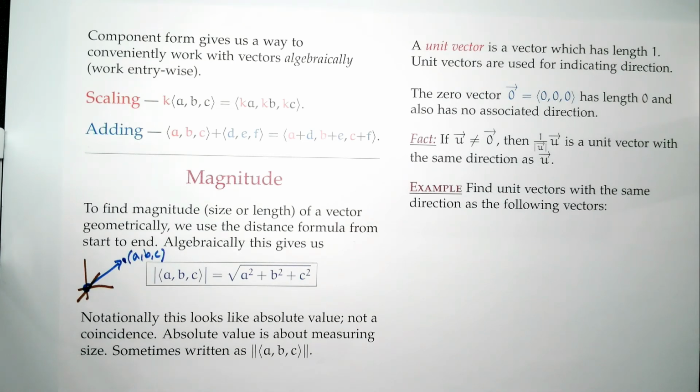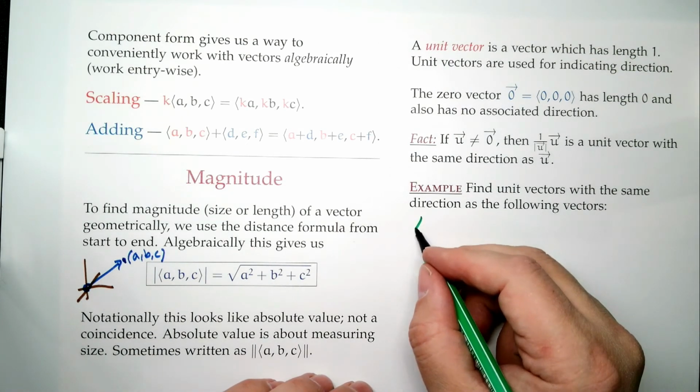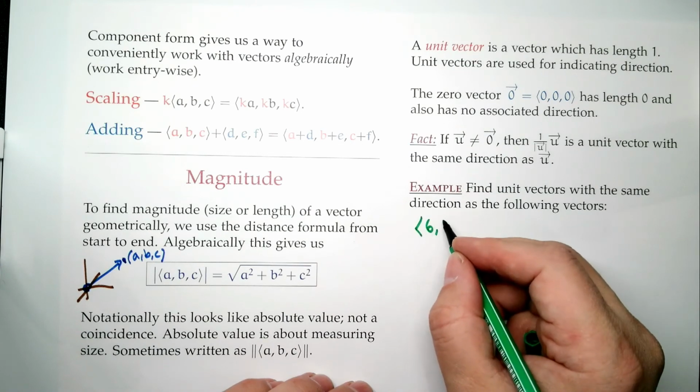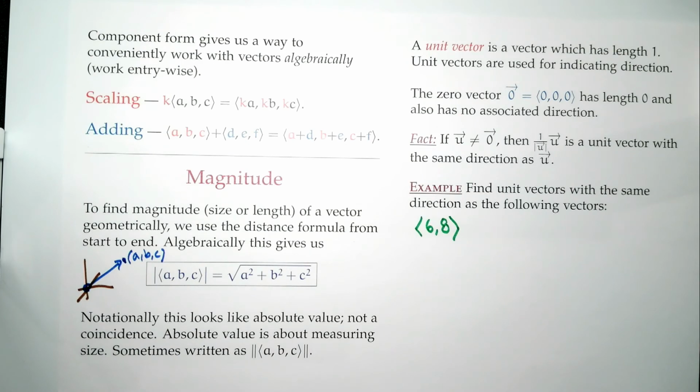Now you'll notice I didn't write anything down, but that's because we'll write some stuff down to start with. Okay, I'll do the first one. Suppose my vector here is 6, 8. Now you might notice one thing right away. What dimension am I in?